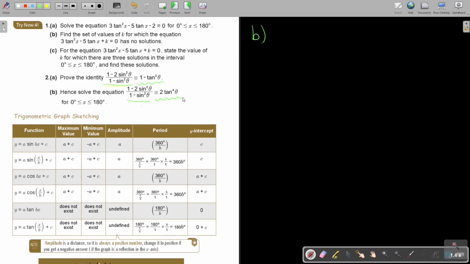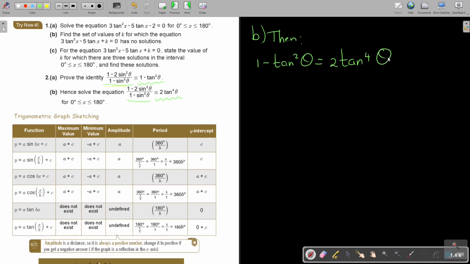Then 1 minus tan square theta is equal to 2 tan to the 4 theta.